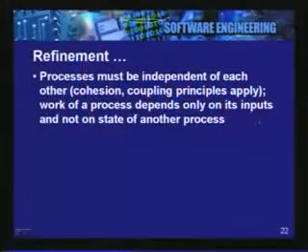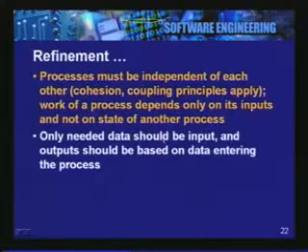In fact, the only way the processes or sub processes interact with each other is through data. So, the work of a process should depend only on its inputs and not on the state of another process. So, processes are independent in that sense, and this is an important point we must observe when we are doing the refinement.